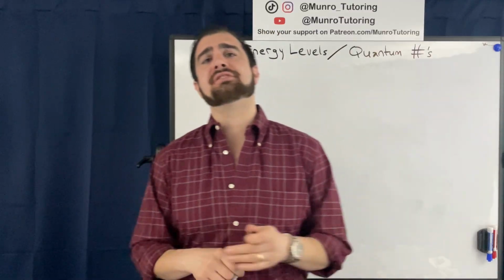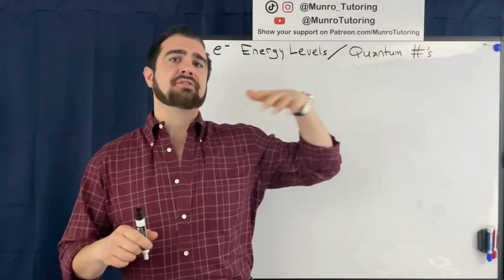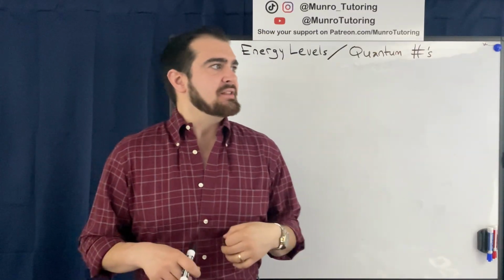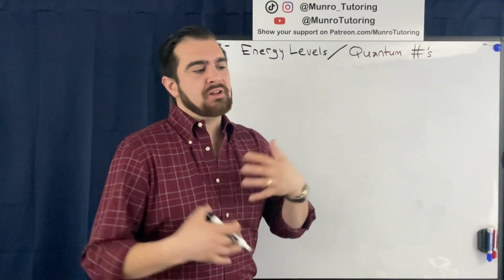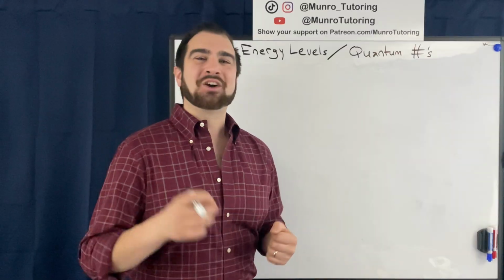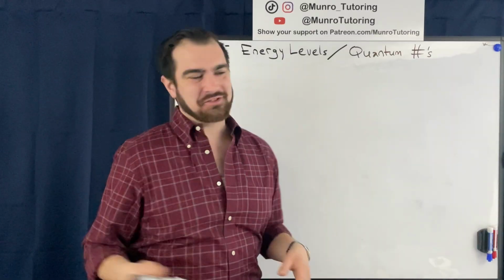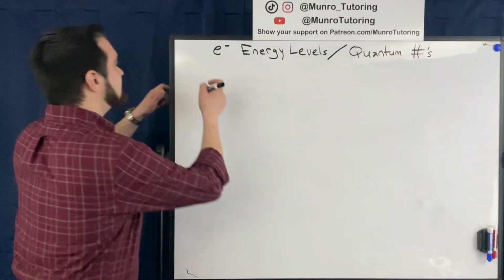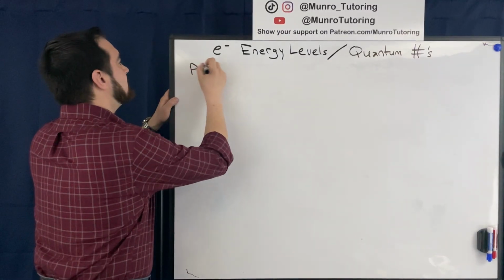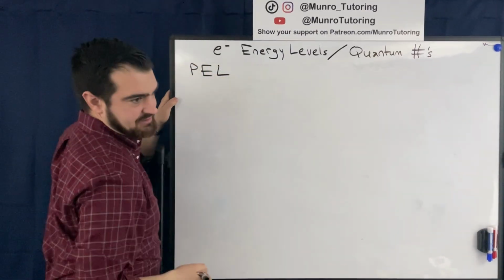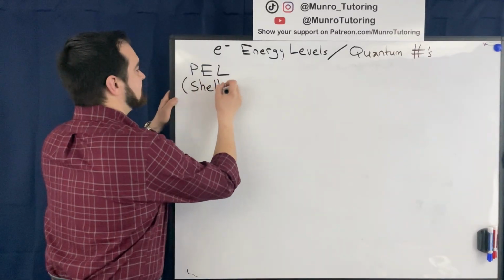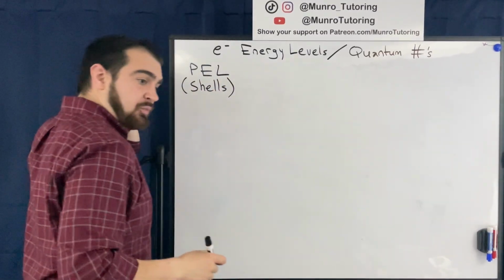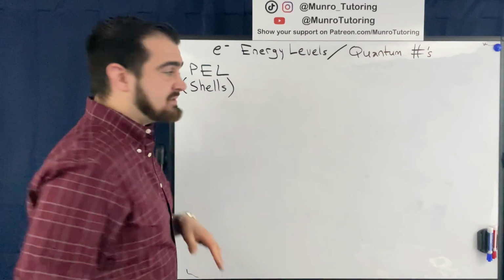The energy levels are divided into different sub-levels. The first thing we have to talk about are principal energy levels, which we colloquially call shells, like electron shells. We use a lowercase n to represent this.